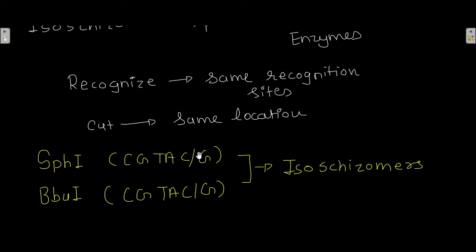This slash represents that the cut will be made between C and G. That is how you represent the cleavage, by a slash. That is the reason why SphI and BbuI are known as isoschizomers of each other. They recognize the same sequence and cut at the same location.